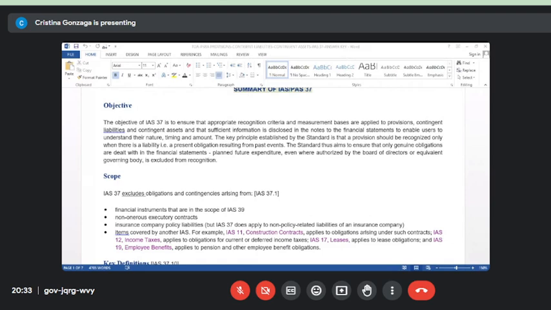Ngayon, ang tanong ko ay ganito. Ang contingent asset ba ay gino-journalize? Answer, hindi. It is only to be disclosed in the notes to financial statement.